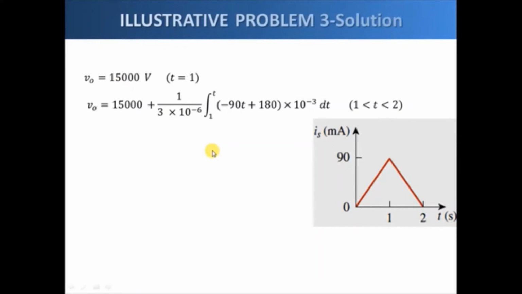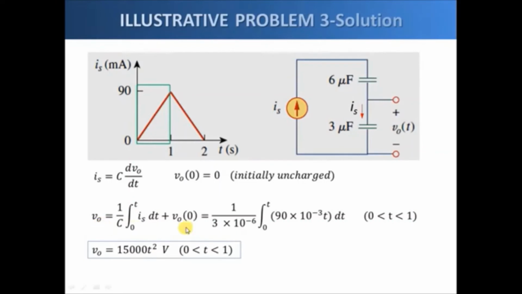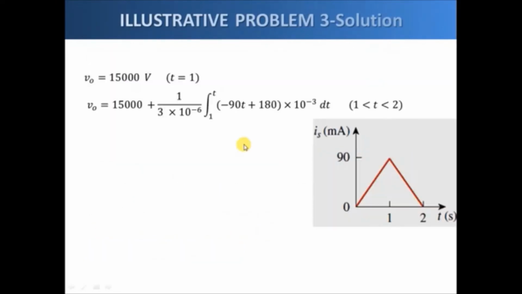Now, to get the voltage across the 3 microfarad capacitor between 1 and 2 seconds, again, we use this formula. But this time we now have an initial voltage, which is the voltage at exactly 1 second.